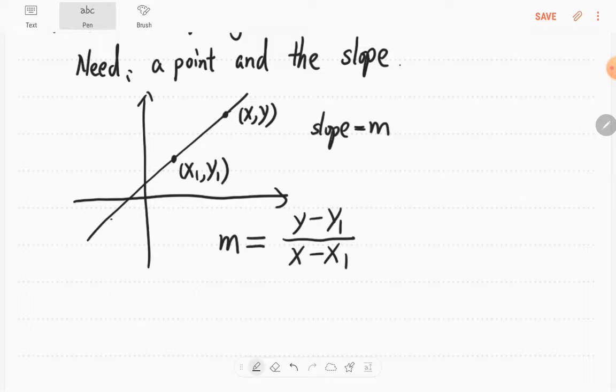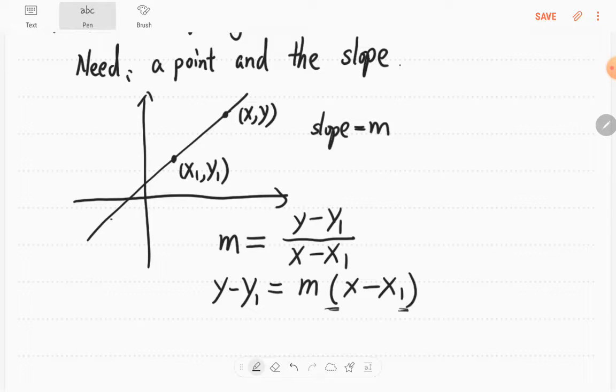So let's rewrite. We multiply x minus x1 on both sides, so it becomes y minus y1 equals m times parentheses x minus x1. Students always forget this parentheses.